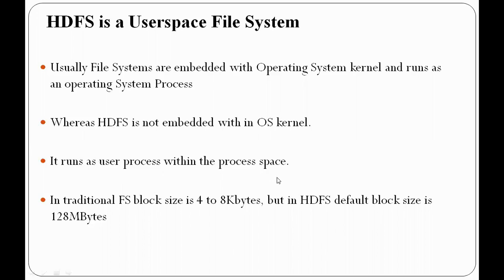Clear? This is first difference between the traditional file system and HDFS. Clear? Second difference is in traditional file system, each block size varies from 4 to 8 kilobytes. But in HDFS, this block size by default fixed to 128 MB. That is, it varies from 0 bytes to 120 megabytes, maximum 120 megabytes.